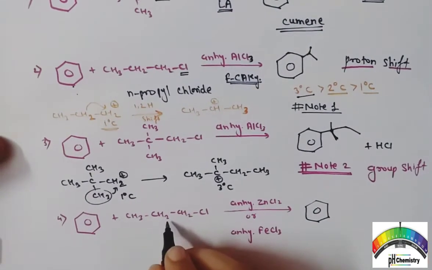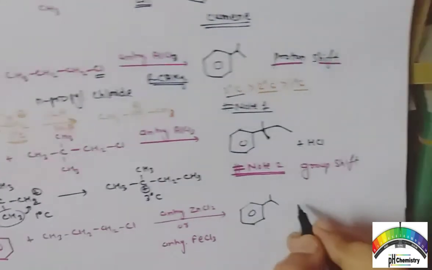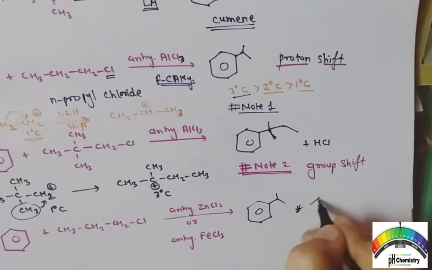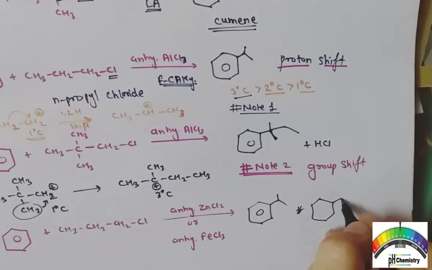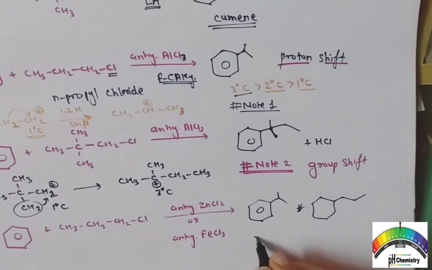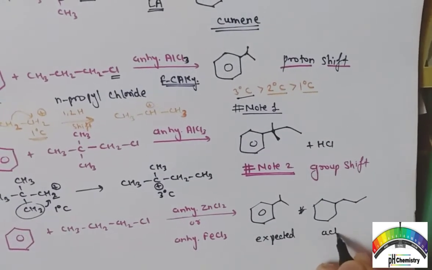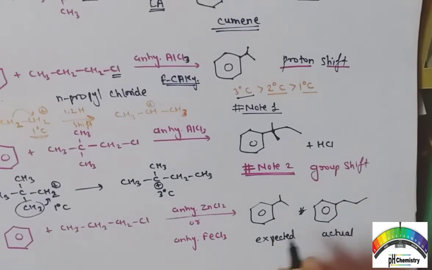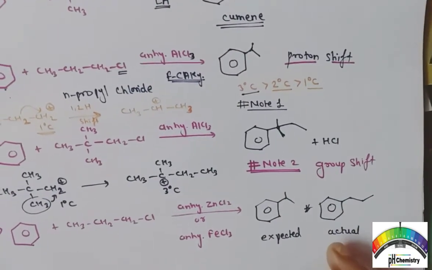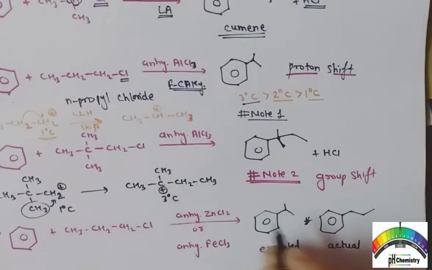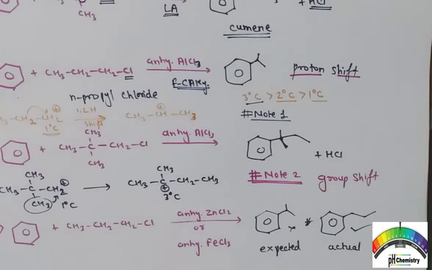The product expected is like this, but the actual product formed is this. This is expected, this is actual.